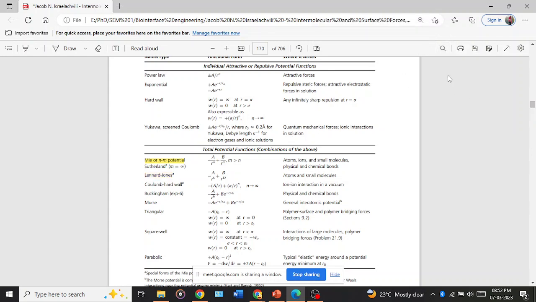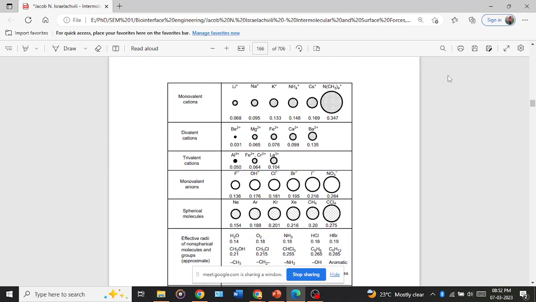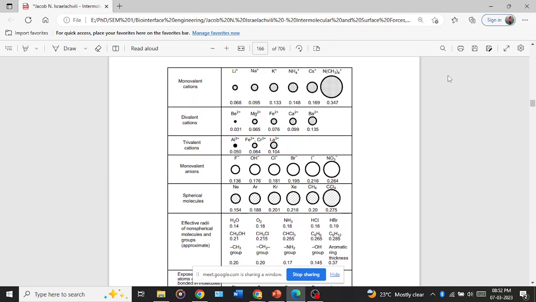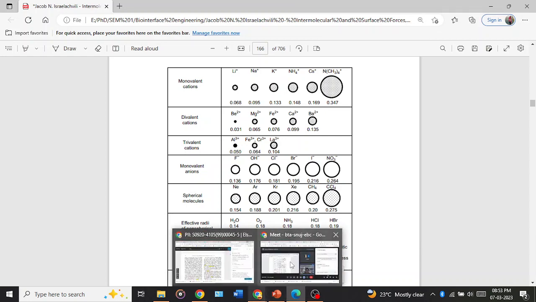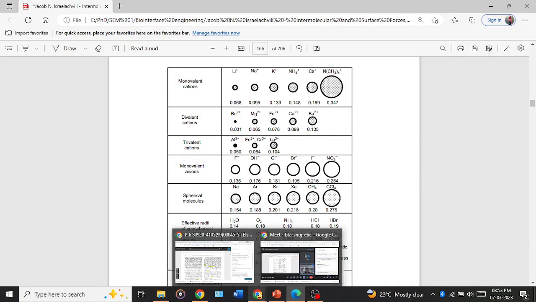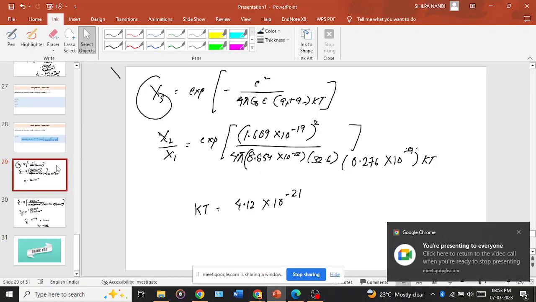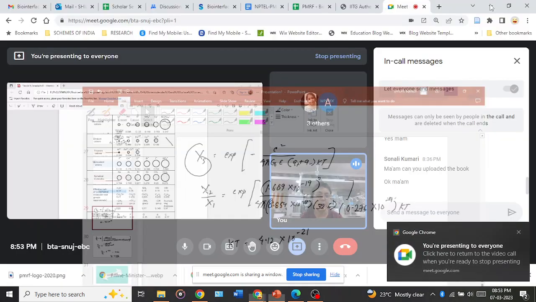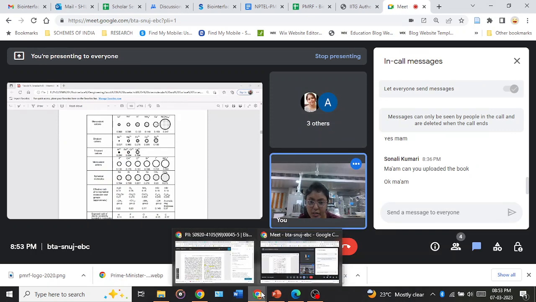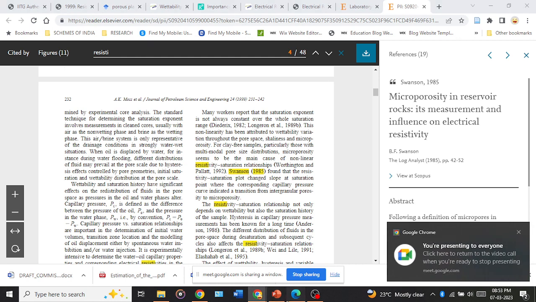Apart from this, we talked about the distance between the charged atoms of NaCl, right? So how much was it? I guess it was around 0.276. Let me find it and show you that as well.